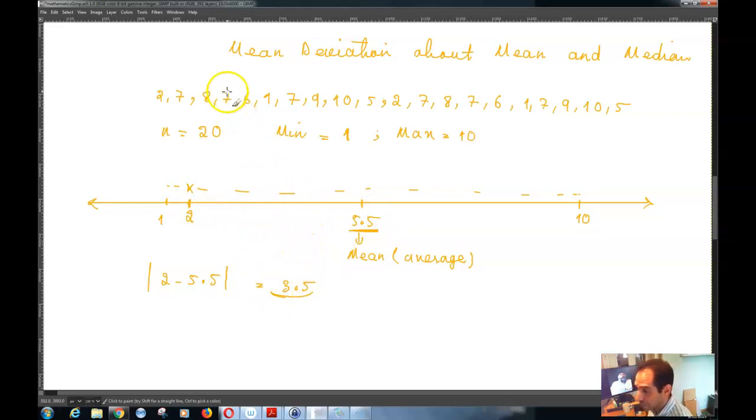So I take each and every one of these observations, for example 2, calculate its distance from the mean of the whole data, and take the absolute value to get the distance of that observation from the mean.